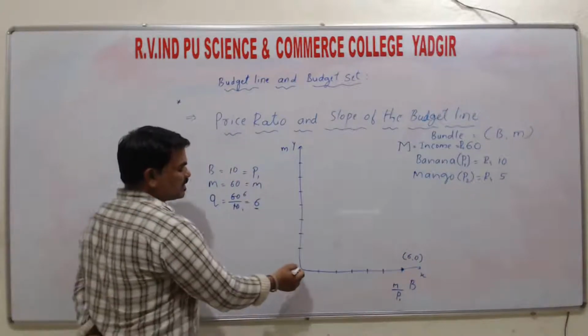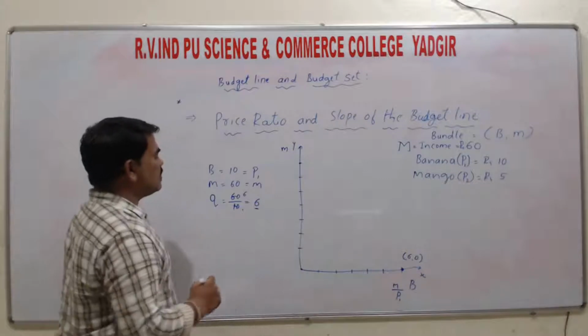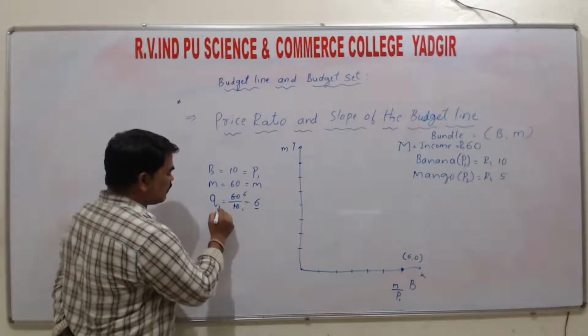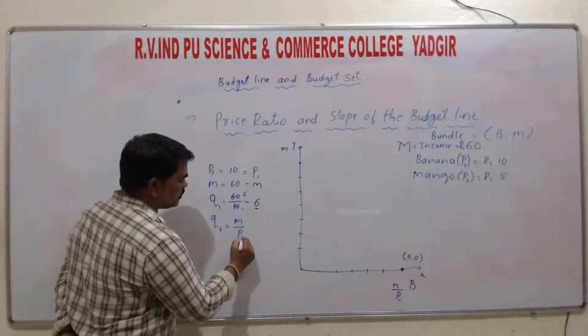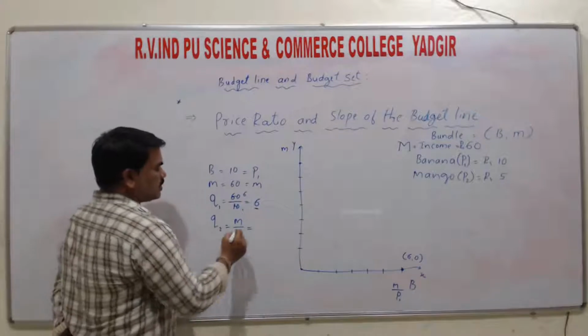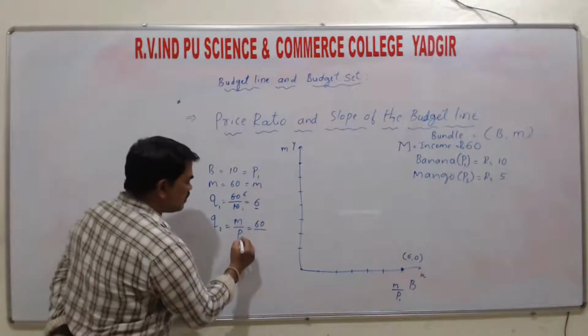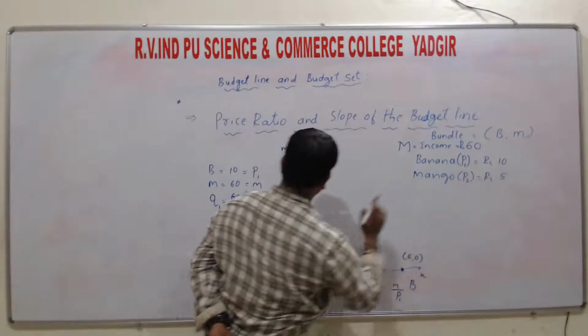Suppose he spends his entire money on buying mangoes, then what is the intercept? We will get quantity Q2, M divided by P2. M is 60, his income, and the price of the mango, P2, is 5 rupees.